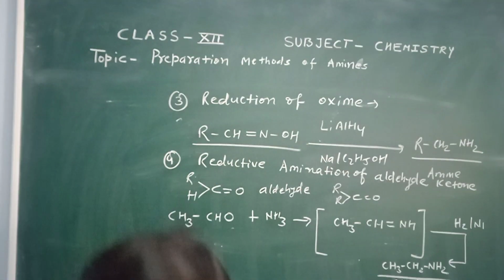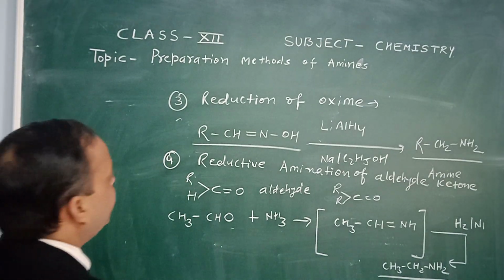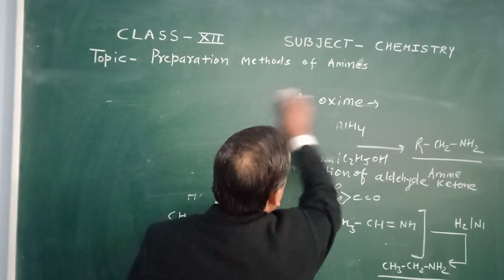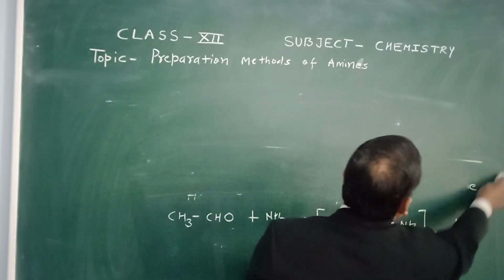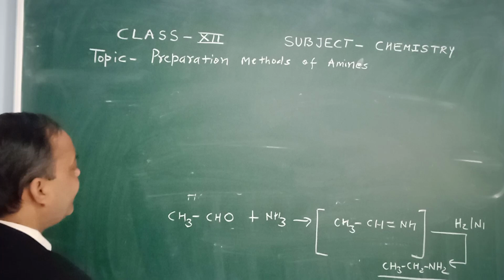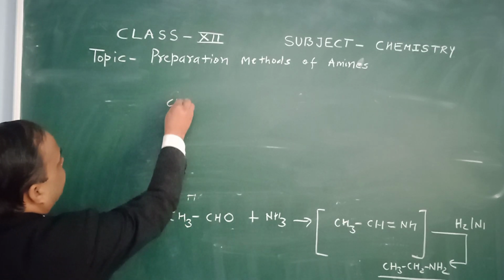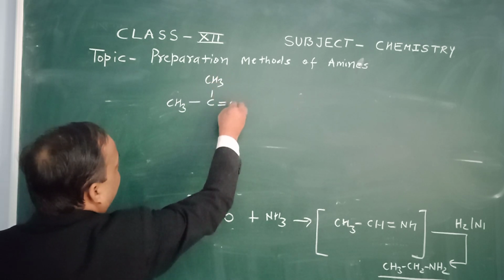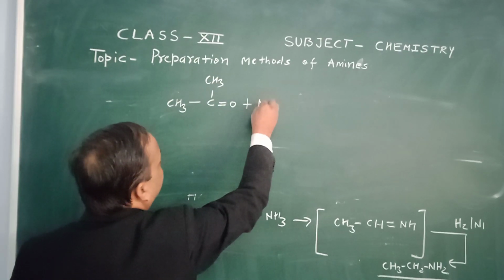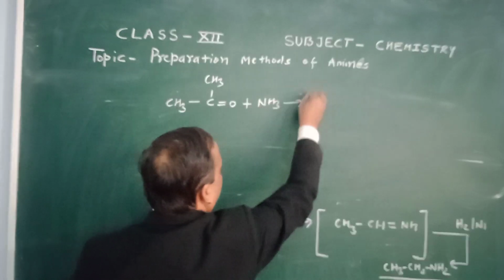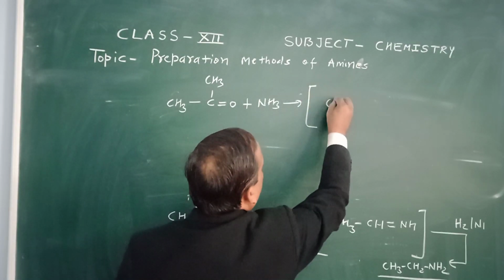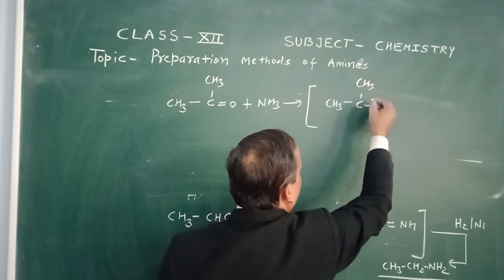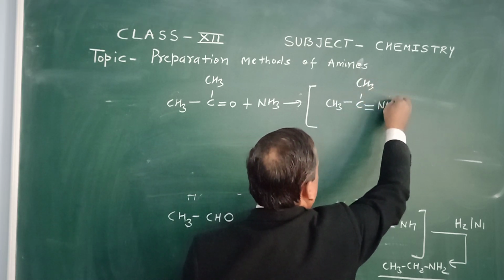Now if we have a ketone, only one change will take place in this reaction. Let us see the explanation. For the ketone, CH3 double bond O plus ammonia gives CH3 double bond NH.